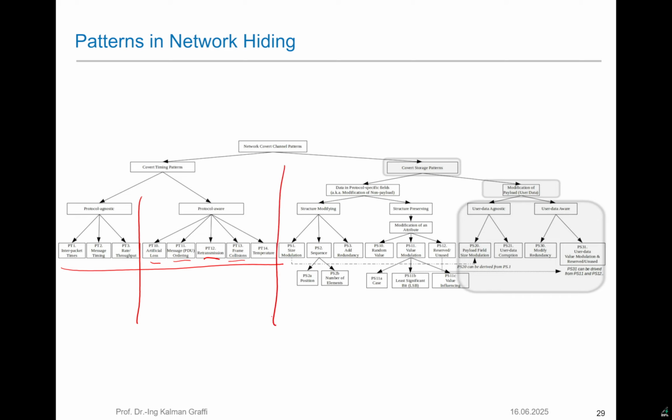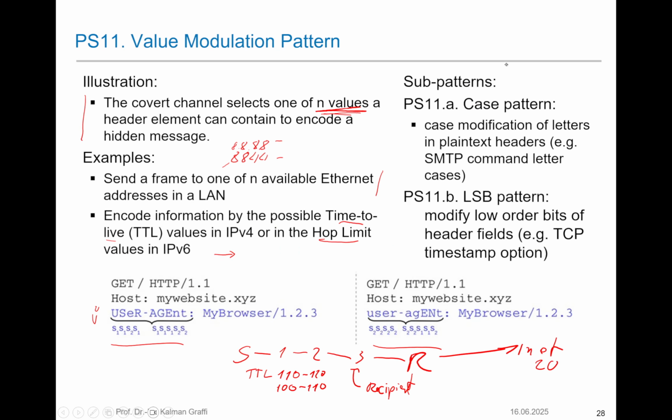That was nice. Now we are looking into the structure. It's basically the sequence and the redundancy of optional headers, so where you place them, whether you place them or not. And here you have typically the modification of random values or putting data in unused fields, or modifying values in a way where it doesn't make any difference. There was also least significant bit. Let's go back. These are some sub-patterns.